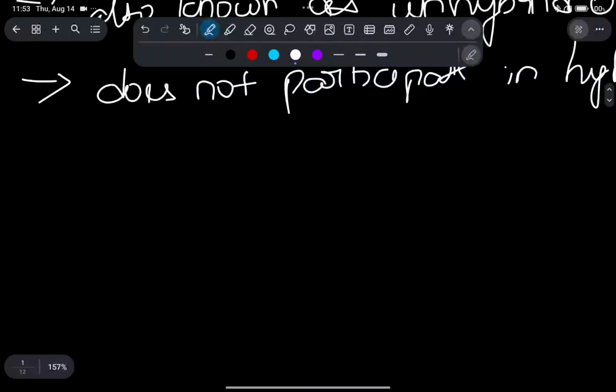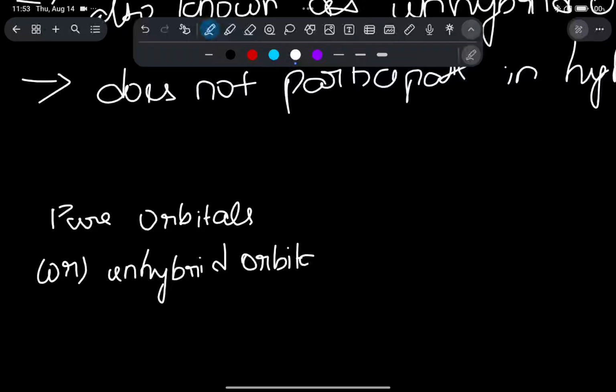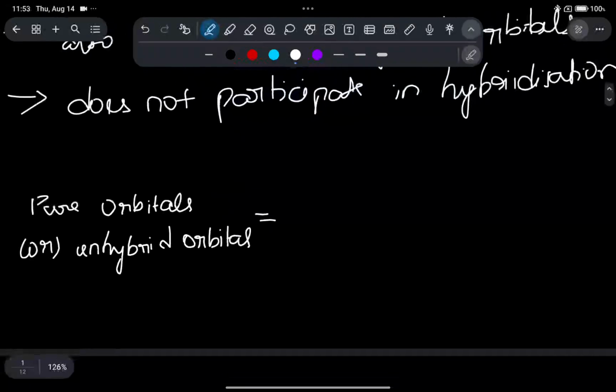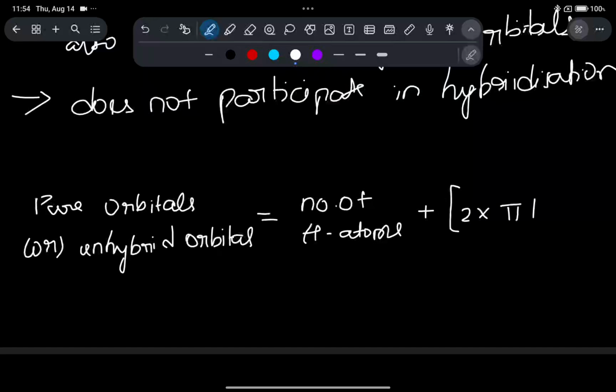So the number of pure orbitals, or unhybrid orbitals, the formula is very simple: number of hydrogen atoms plus 2 into pi bonds.